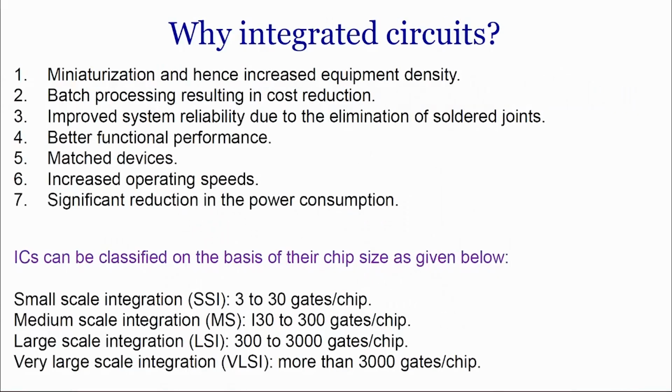Then we talked about why integrated circuits, and there are several reasons, including miniaturization, batch processing, better functional performance, matched devices, increased operating speed, and significant reduction in power consumption. These are enough reasons to use ICs instead of discrete components. And then we have also seen that ICs can be classified into several categories.